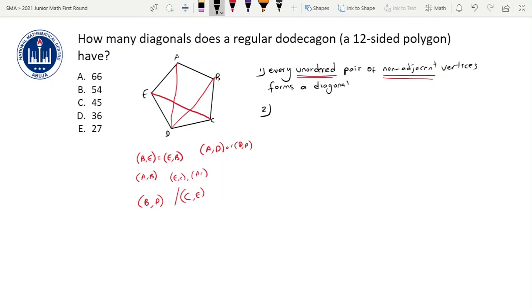Then the second one is that every diagonal is formed by an unordered pair of non-adjacent vertices. Let me write that down here. So every diagonal is formed by an unordered pair of non-adjacent vertices.